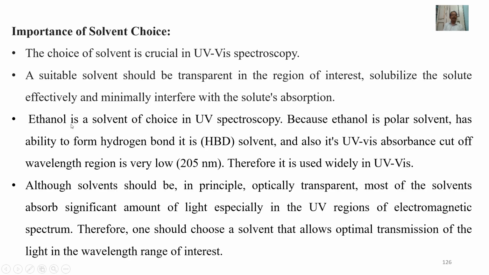Ethanol is a solvent of choice in UV spectroscopy because ethanol is a polar solvent, has the ability to form hydrogen bonds, and also its UV absorption cutoff wavelength is very low, around 205 nanometer. Therefore, it is used widely in UV spectroscopy.